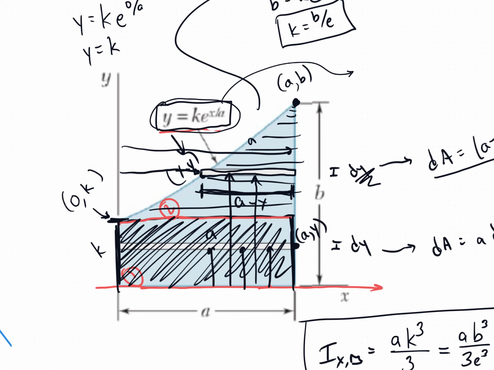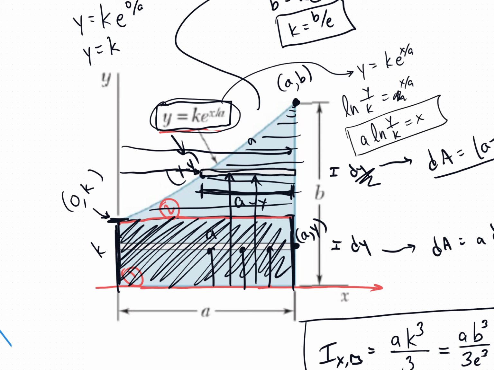We got y equals k e to the x on a, so we make that y on k equals e to the x on a. Then how do we get rid of that? We're going to do a little natural log action, which gets rid of this. Then we want x alone, so we multiply both sides by a. So a natural log y on k equals x. I know some of you were really hoping for that answer. I know I wasn't.